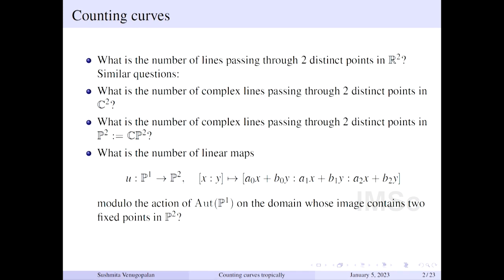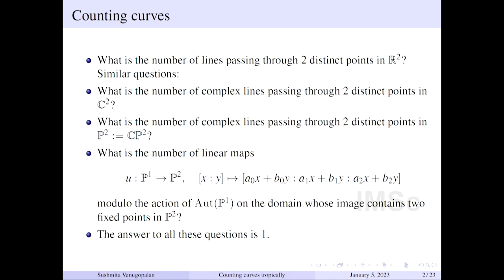So in some sense, this problem is the same as the preceding 3 problems which felt more intuitive. It's only that I'm parametrizing the domain and modding out by domain reparametrizations. Okay, so that's counting curves in degree 1.